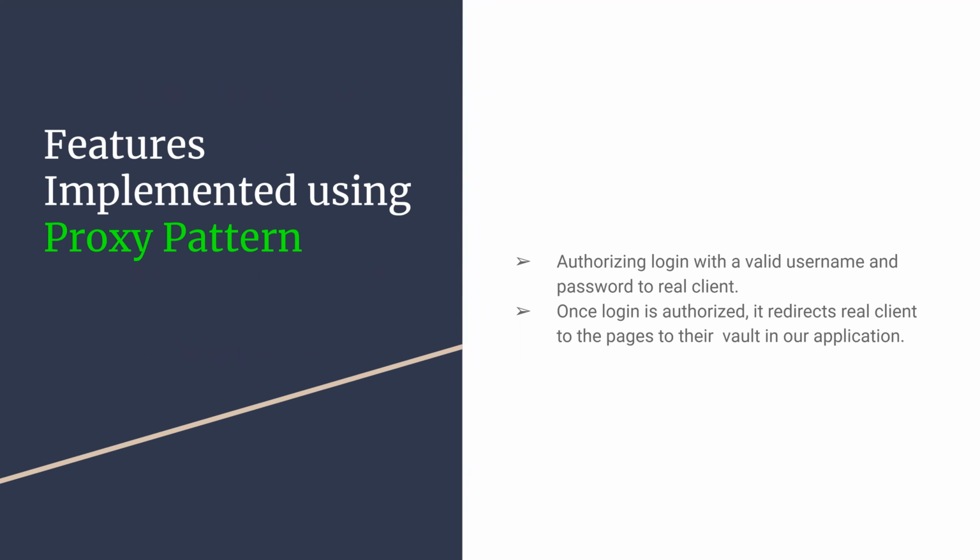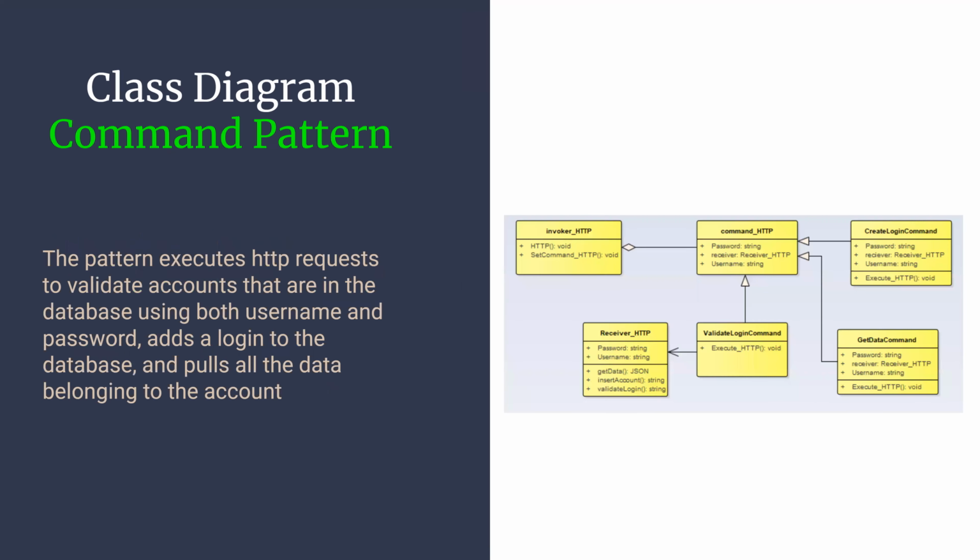Basically, this feature authorizes the login, and a valid username and password go to the real client. And once the username and password is authorized, it will direct the user to the vault. That's all it's doing in the proxy pattern.